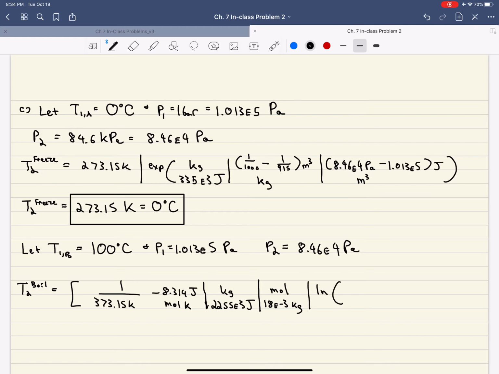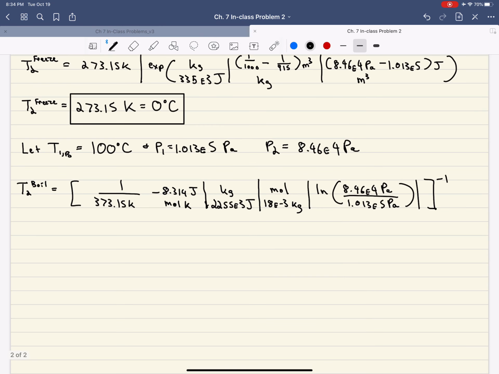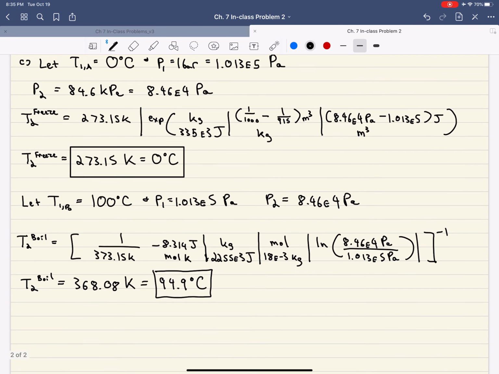The natural log term for the pressures, 8.46 e to the 4th Pascal times 1.013 e to the 5th Pascal to the negative 1. And we find that at this reduced pressure, our boiling point actually drops by about 5 degrees. And so in Denver, Colorado, ice freezes at the same temperature, but water boils at a lower temperature.